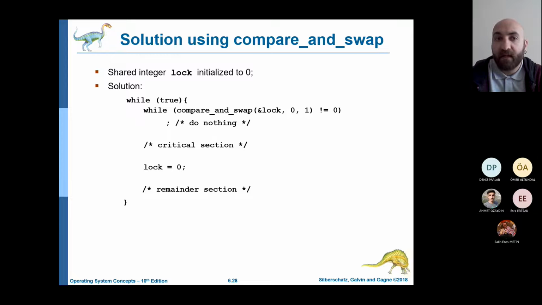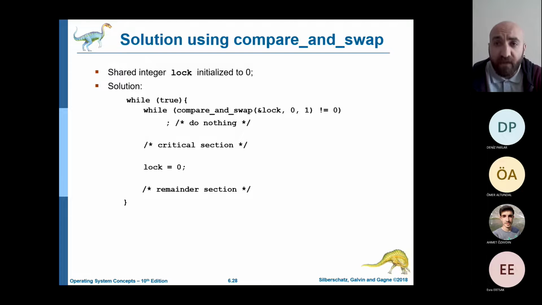Here again, we have the solution using the compare and swap function. Mutual exclusion using compare and swap can be provided as in this figure. Again, we have to define a global variable lock, similar to the test and set solution. And we are going to initialize that lock to 0. The first process that invokes compare and swap will set lock to 1.